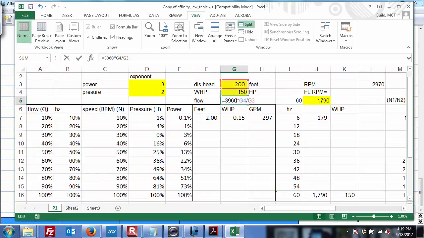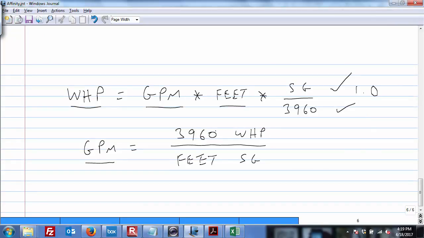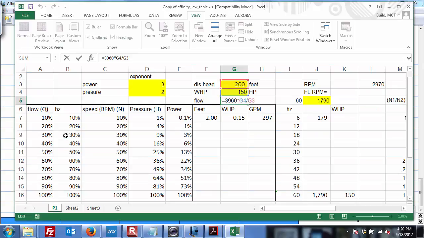So to get the 2970, all I did was multiply the 3960, which is right here. I took that 3960, first I moved GPM to the right-hand side of the equation and just basically solved for it. So here's 3960 times water horsepower divided by feet divided by specific gravity gives me my gallons per minute. So there's my 3960.